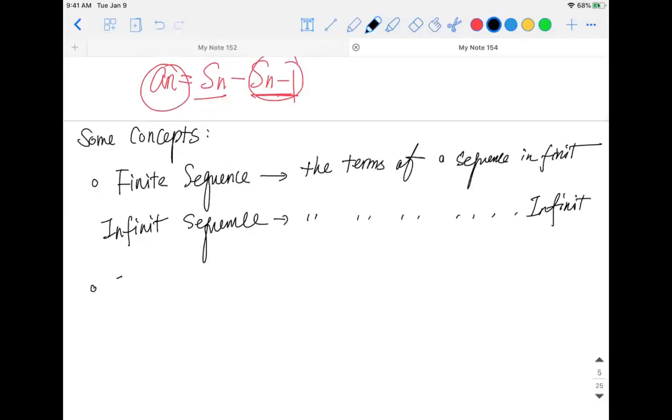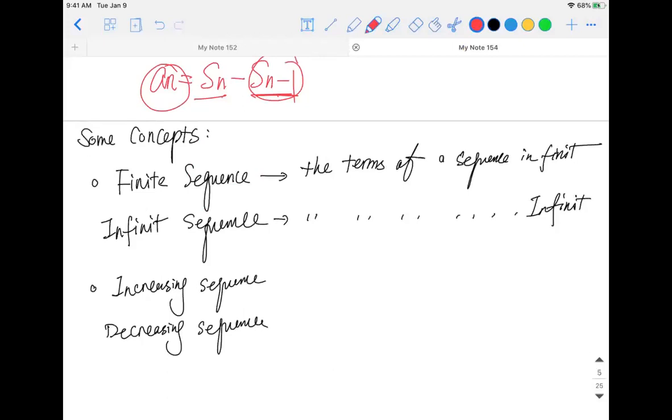Another one is the increasing sequence and the decreasing sequence, right? How do we denote the increasing and decreasing sequences? Basically, as long as all the items are increasing, this will be an increasing sequence, and vice versa, you're going to see the decreasing sequence. In mathematics, we always use some denotations to make it happen.